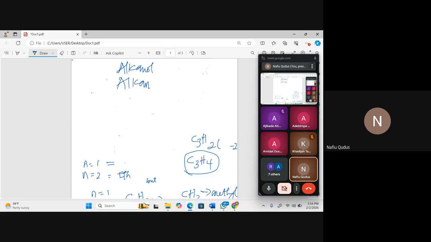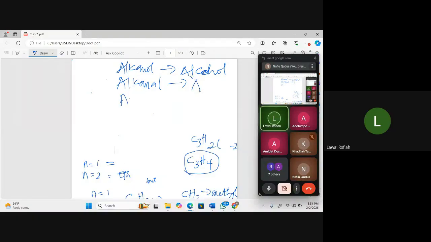Who can tell me another name for alkanol? Alcohol. And for alkanal, aldehyde. We also have alkanone. What do we call alkanone?